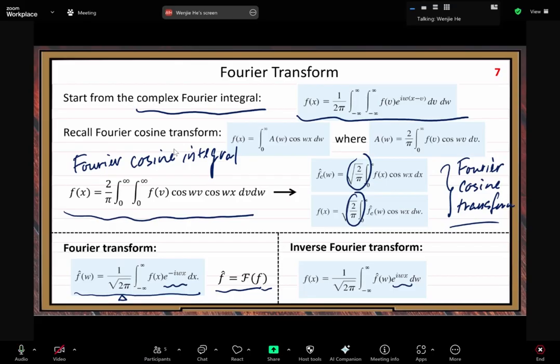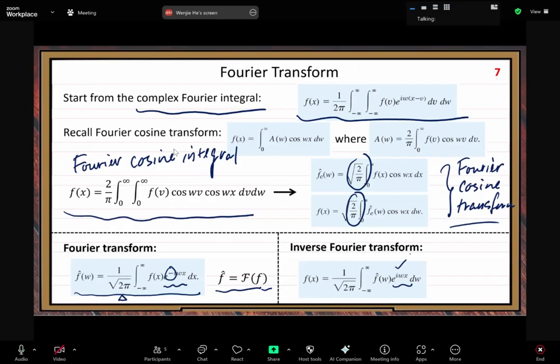We don't use that i there. Similar to the Laplace transform, but the difference from Laplace to Fourier is that you need to add that i. But there is a negative sign. In the transform you have this negative sign. For the inverse transform, you do not have the negative sign. Slightly different.